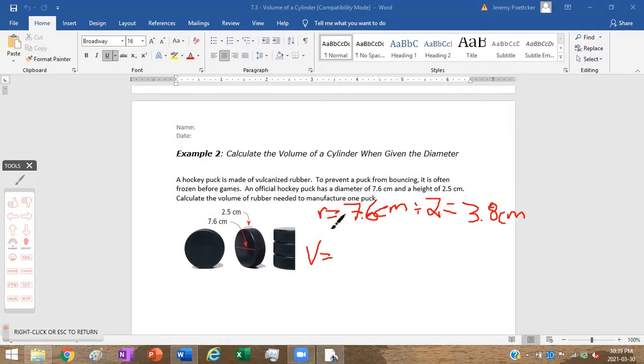So pi times radius squared times the height. Again, I write down my formula. Volume equals pi times, make sure I get the actual radius here, 3.8 centimeters, and that's going to be squared. Again, I'm leaving the units here to remind myself to write units in my answer.